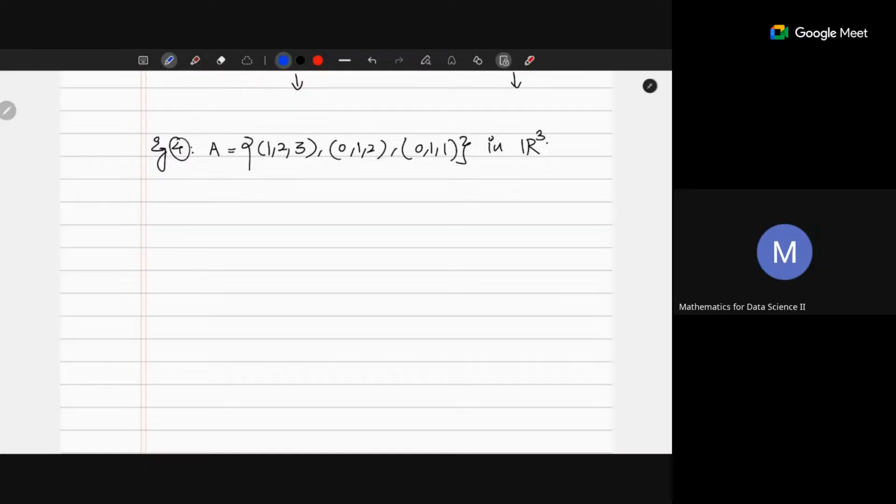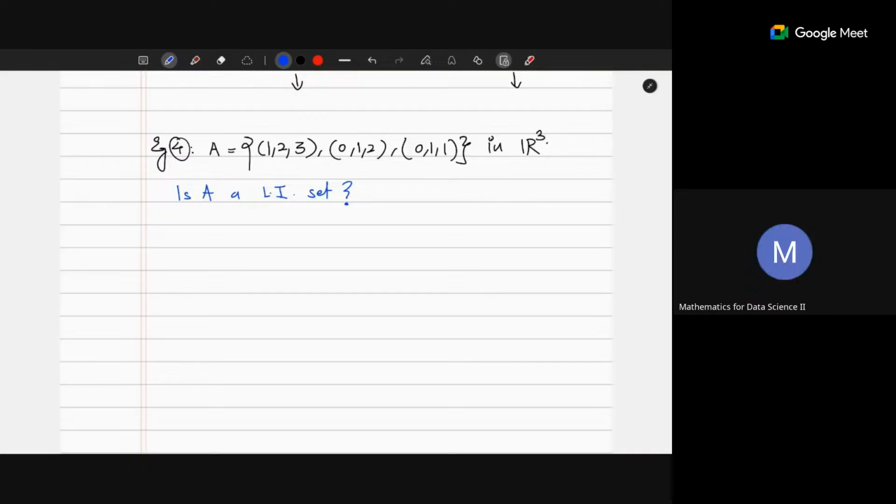Okay. So first check whether it is a linearly independent set. Is A a linearly independent set? It's linearly dependent. Dependent? Okay.